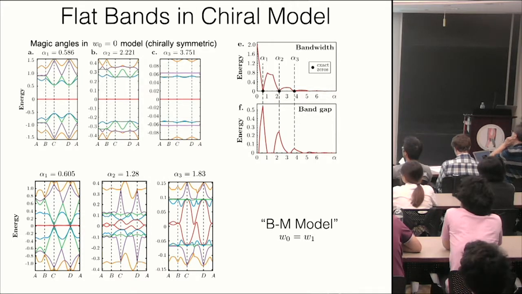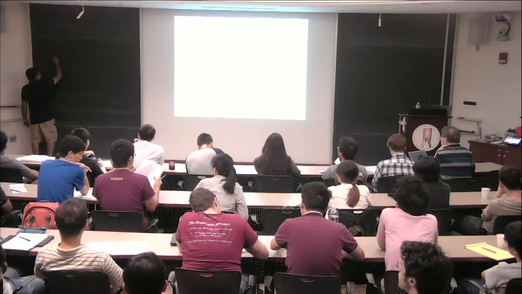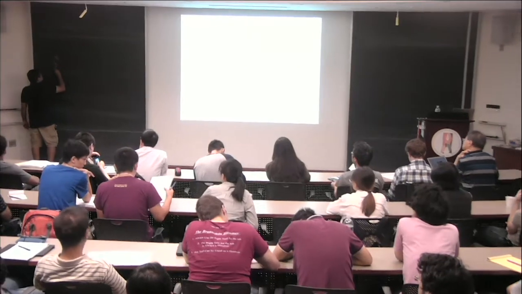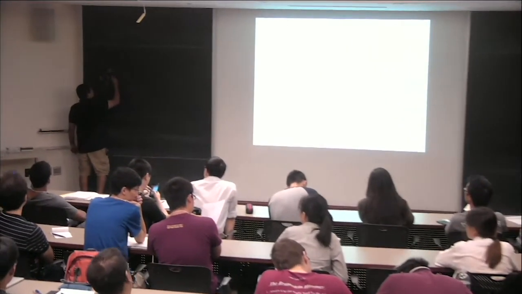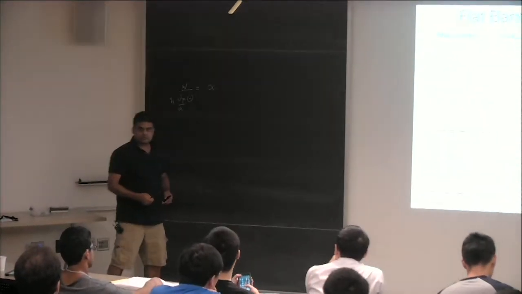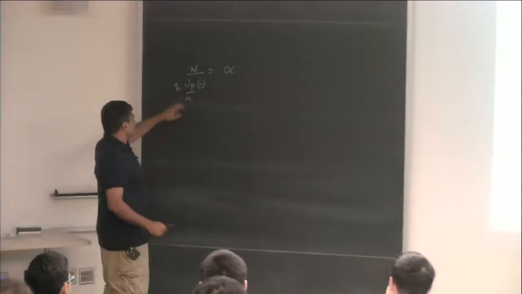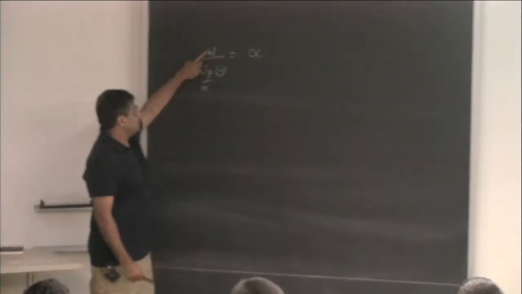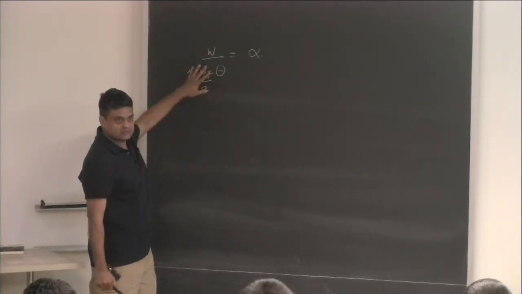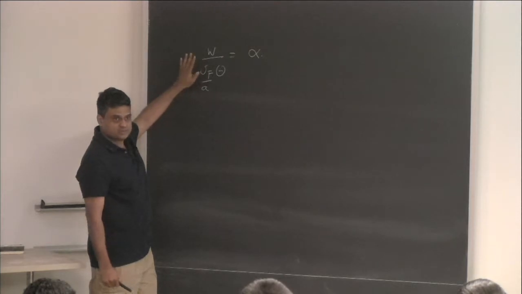So there's a dimensionless ratio that you can make, which is W divided by the angle times this energy scale. We said that when this interlayer hopping strength is comparable to the angle times this energy scale, that's when interesting stuff happens, right?